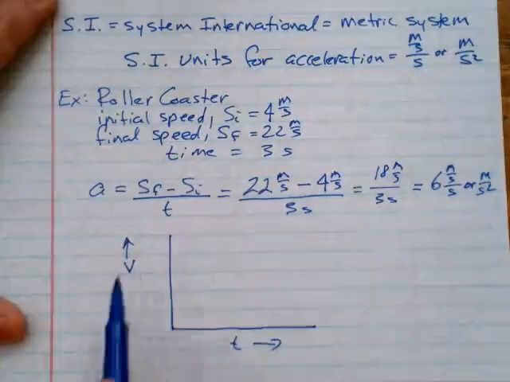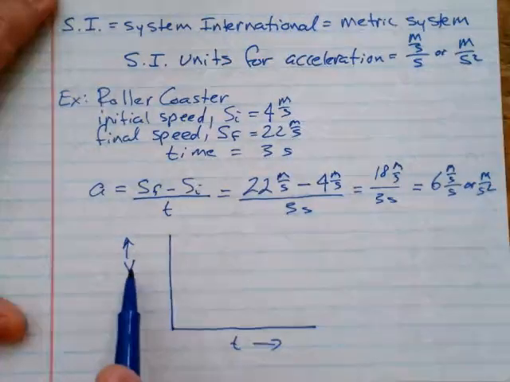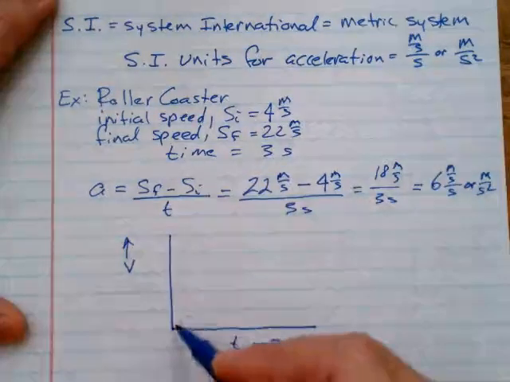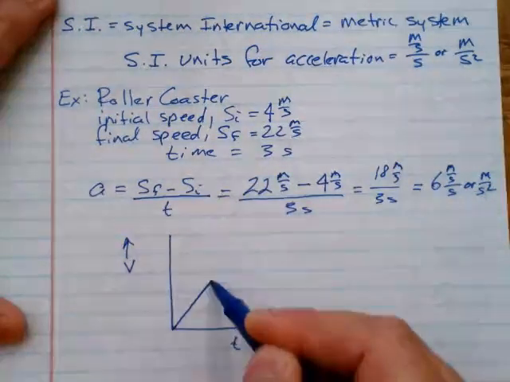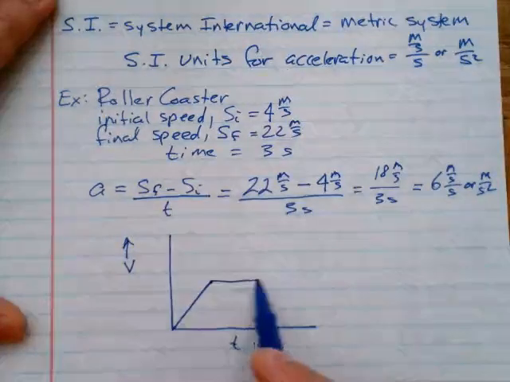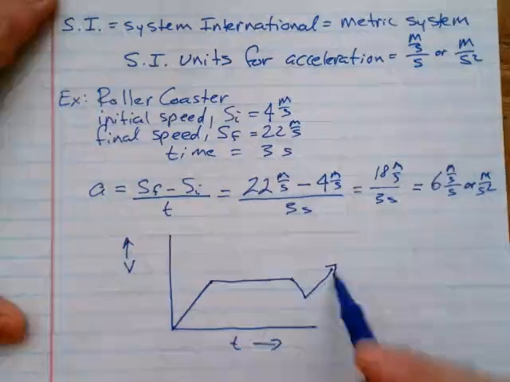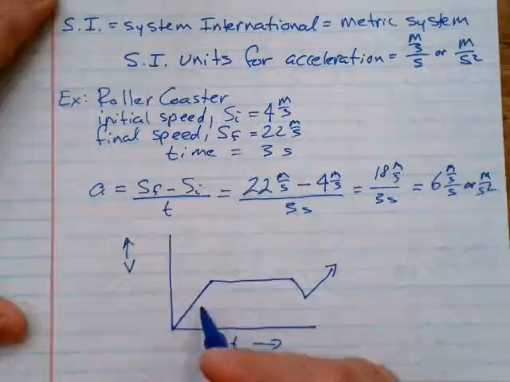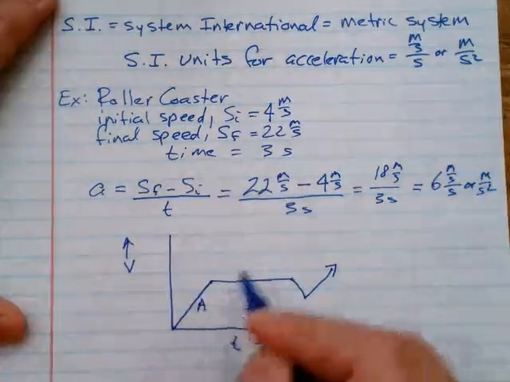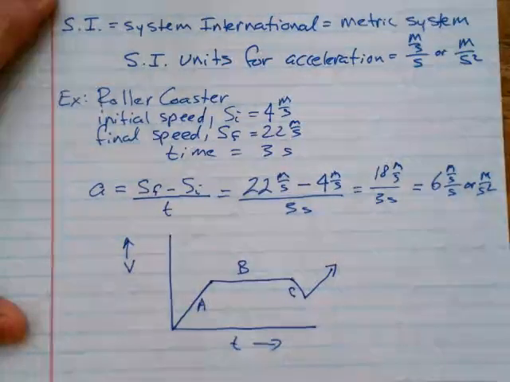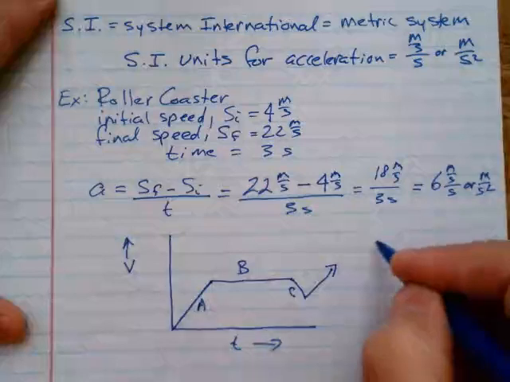Velocity is on the y-axis, time is on the x-axis, and we're going to show a curve like this, going up, then flat, then going down. We're going to label each of these segments: segment A, segment B, and this little one right there is segment C.